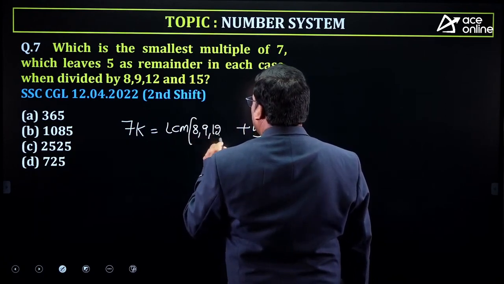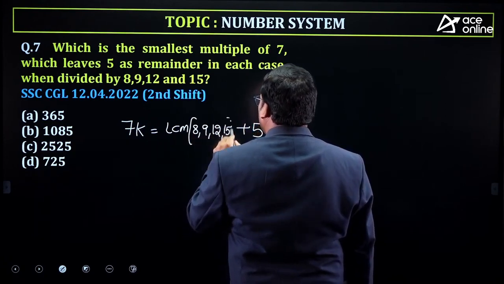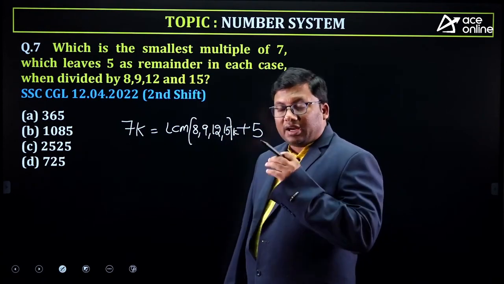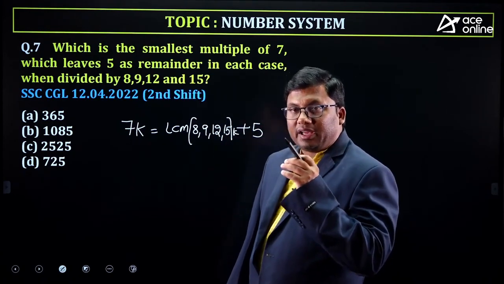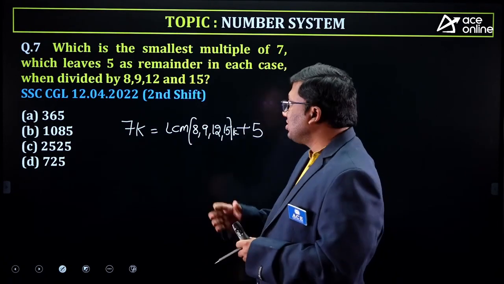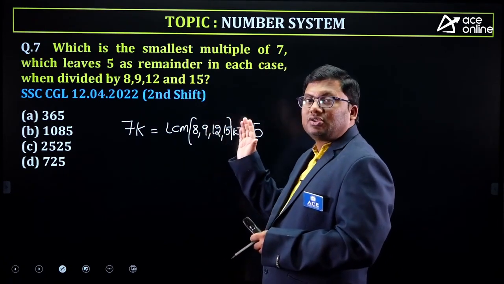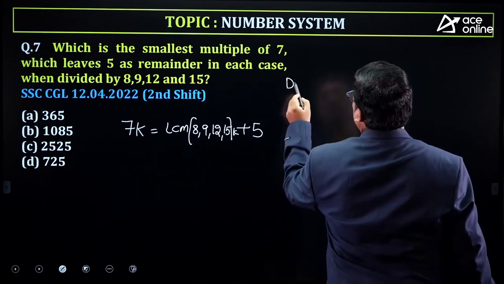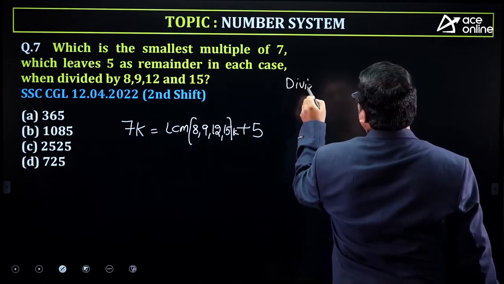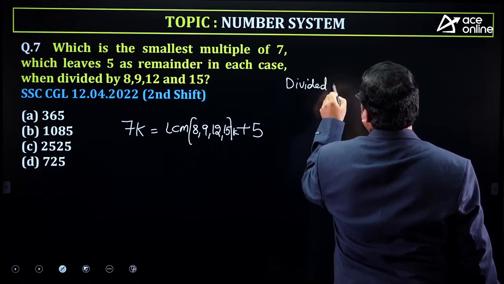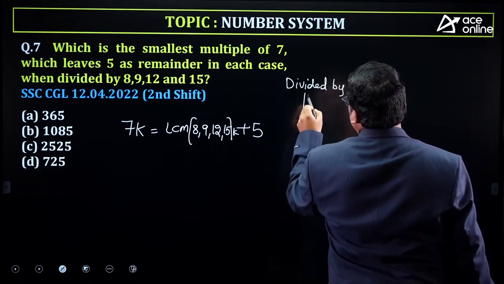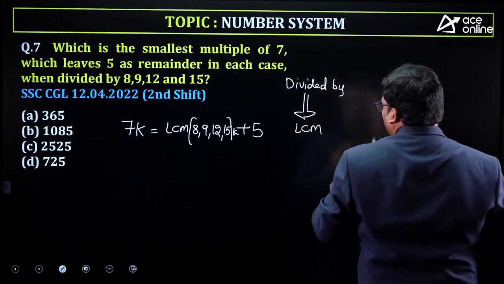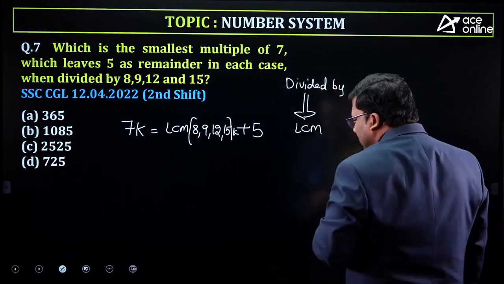The number which gets divided by 8, 9, 12, 15 is the LCM of 8, 9, 12, 15 into k. Always remember, whenever there is a question related to divided by, use the concept of LCM.